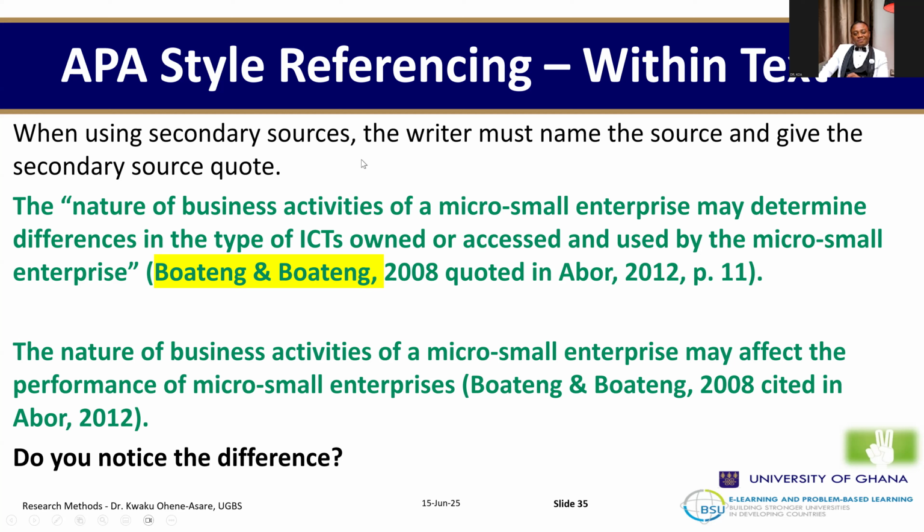So let's give an example. The nature of business activities of micro and small enterprises may determine the difference in the type of ICTs owned or accessed and used by micro and small enterprises. This statement was actually made by Abor. The first person to make this statement is Abor.